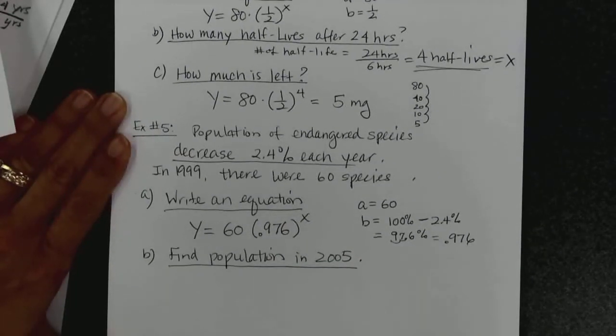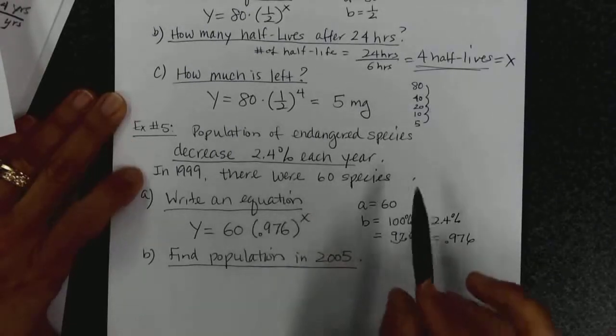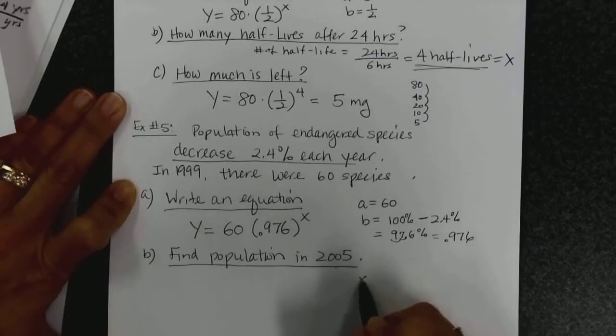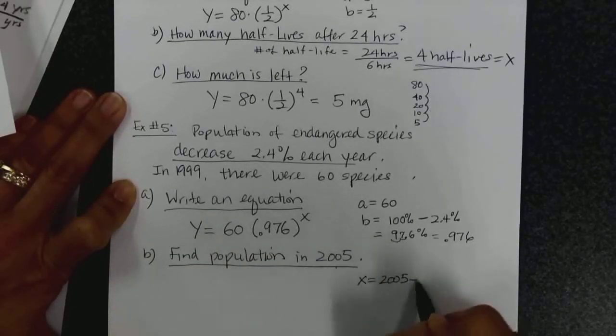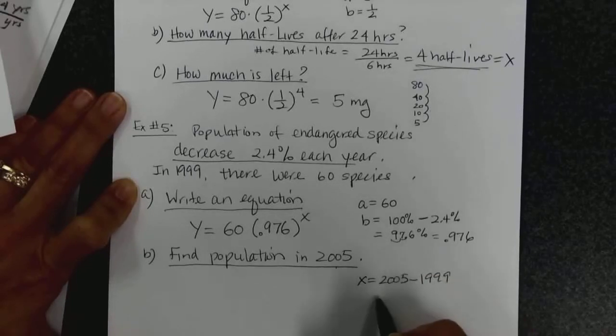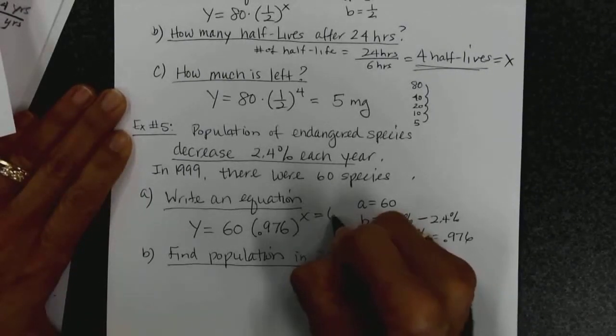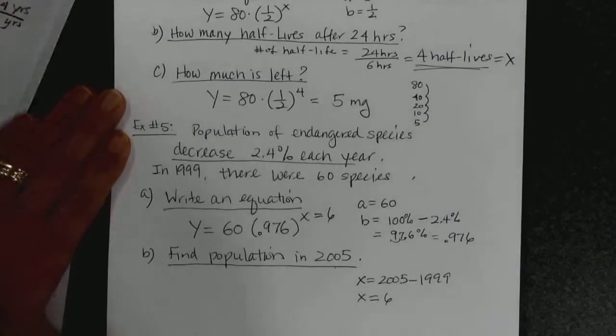And it's decreasing 2.4% each year. To figure out how many times it decreased from 1999 to 2005, our x will be 2005 minus 1999, which is 6 times. So we're going to plug in 6 for that problem.